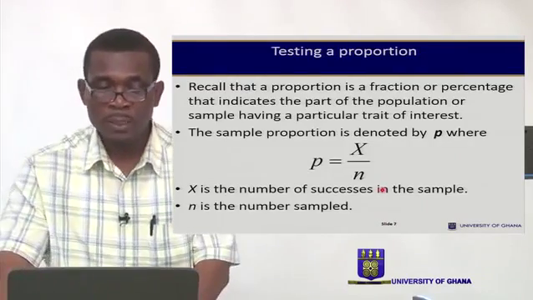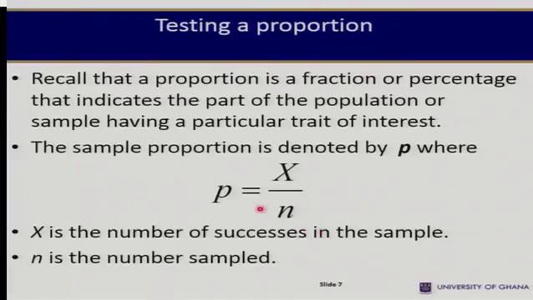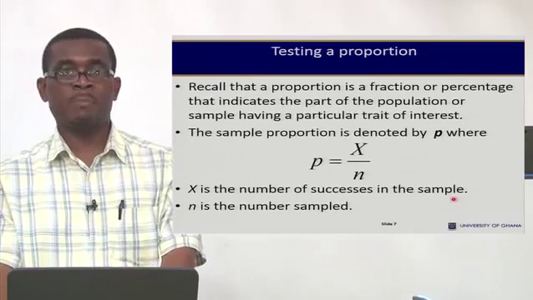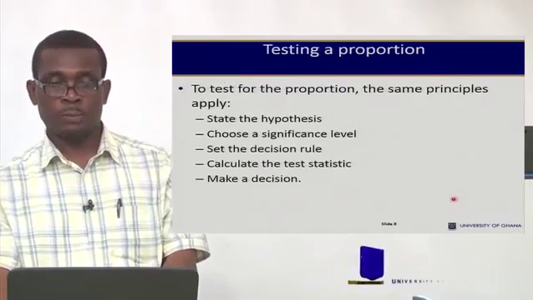Now you recall that the proportion is a fraction or percentage that indicates the part of the population or sample having a particular characteristic or trait. So for a sample proportion P, it is X over N, where X is the number of successes in the sample and N is the sample size. We can test hypothesis concerning the population proportion.